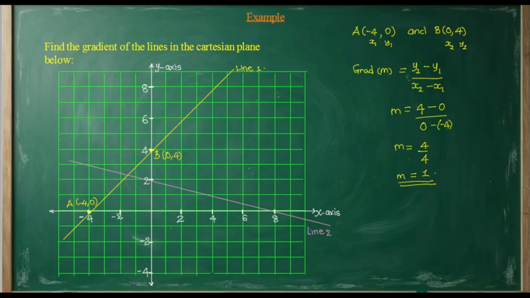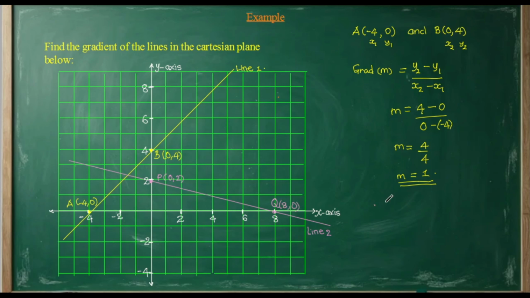Now let's also move on to line number 2, and we do the same. We identify 2 points, so we can have point 1 here, maybe this time let's call it P, and this point has coordinates of 0 and 2. And then we can take another point here and we can call it Q with coordinates of 8 and 0.